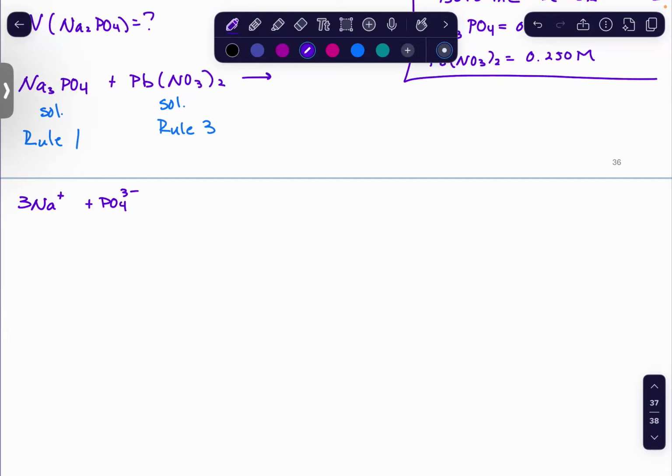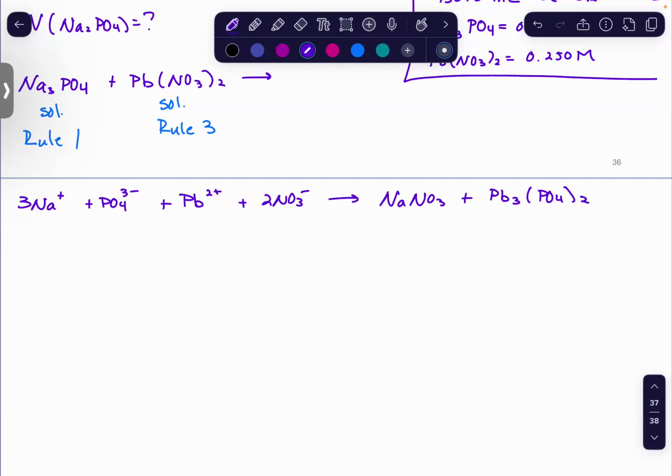Then I'm going to have my lead 2 and my 2 nitrates. And when these ions do their double replacement, I'm going to get sodium nitrate and then lead 2 phosphate.